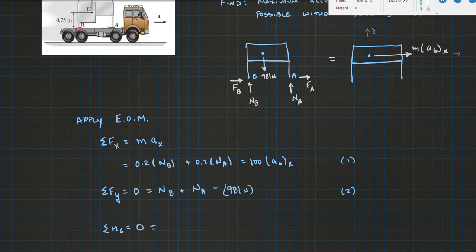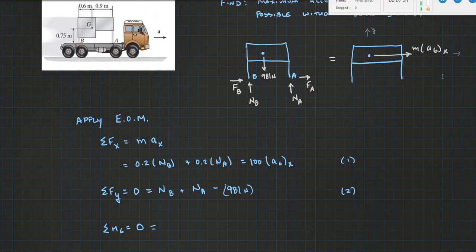So summing those moments then, pull the truck image down so we could see it. So we've got 0.2 distance times the normal of A times distance 0.75.